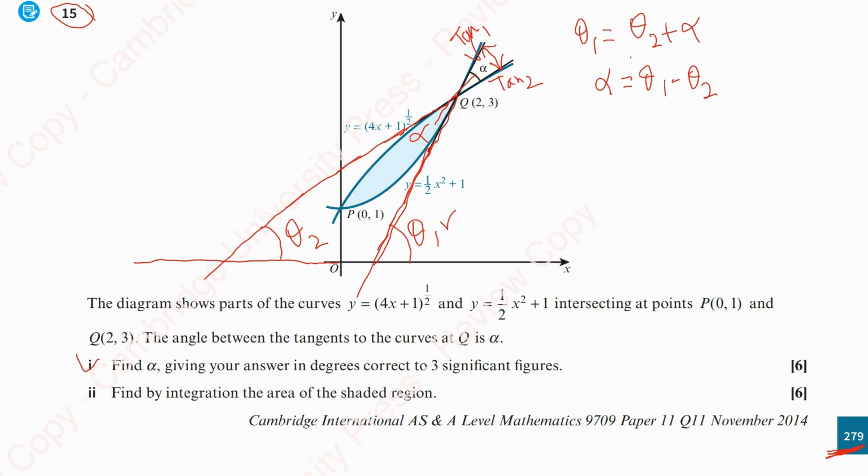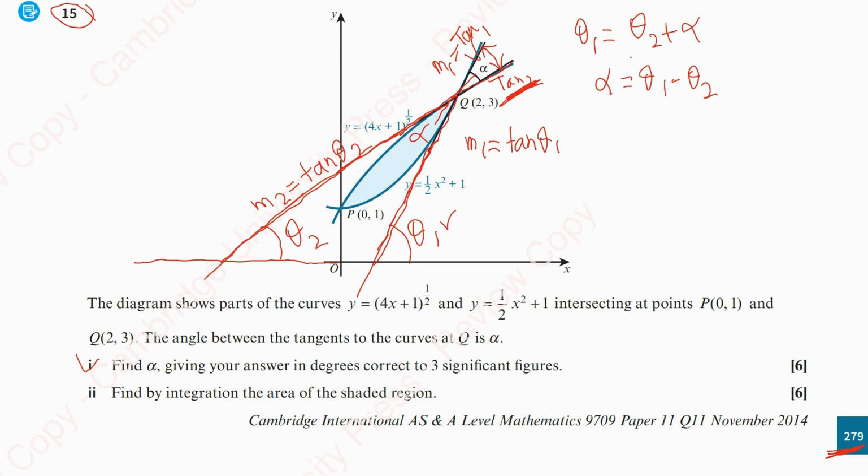So the gradient of this tangent, if I consider it m1, then we can write m1 equals tan theta 1. If the line I have drawn makes theta 2, which is tangent 2, and I consider its gradient m2, then its definition is tan theta 2. This is the actual gradient definition. We need to apply this formula here.